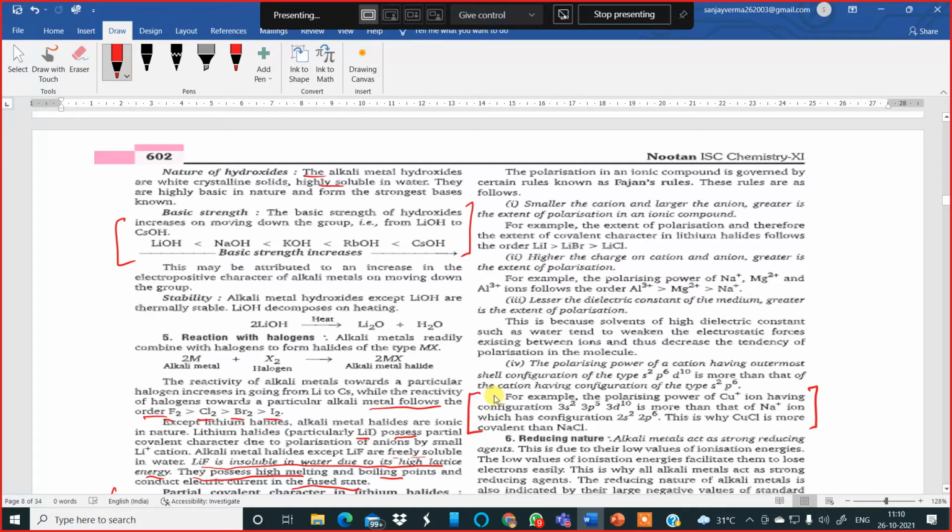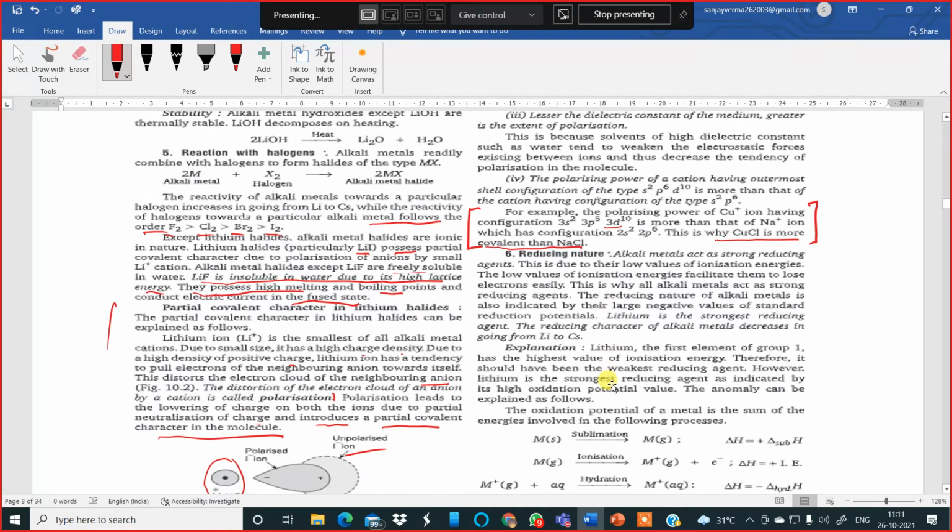The polarizing power of the copper ion, having configuration 3s2 3p6 3d10, is more than that of the sodium ion, because there is involvement of d orbital electrons. That is the reason why CuCl is more covalent. The very fact that there is involvement of d orbitals in the ions makes the compound more covalent than the other compound, sodium chloride in this case.